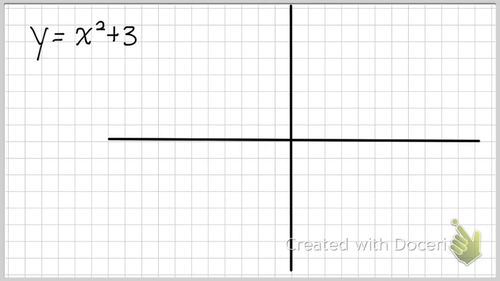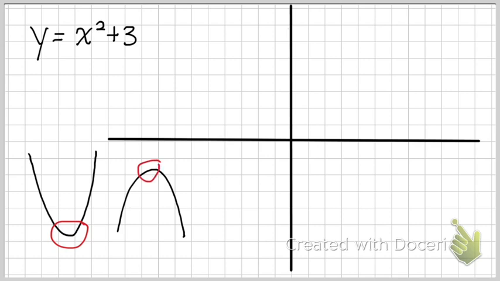The vertex for a parabola, well, let's begin with, we know that this is going to be a parabola, that kind of U-type shape, and then the vertex, of course, is the minimum point, the lowest point, or if the parabola is opening downward, the vertex is going to be the maximum point.